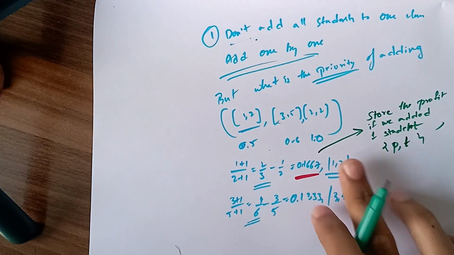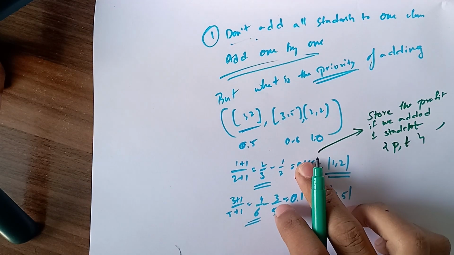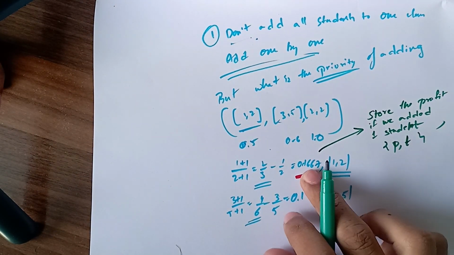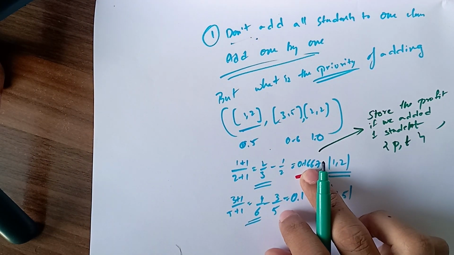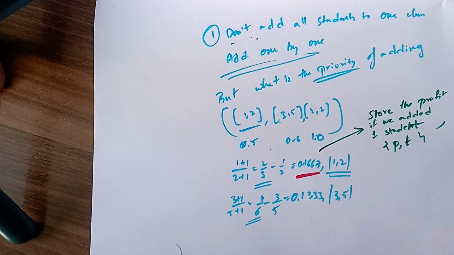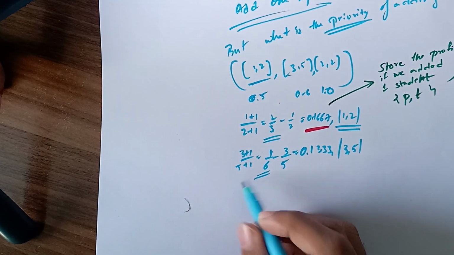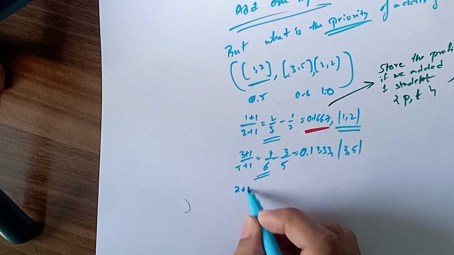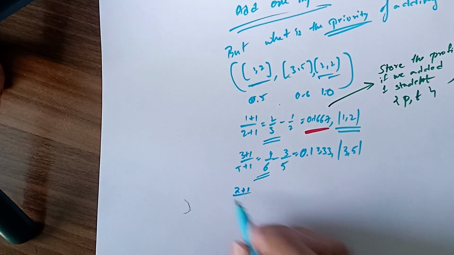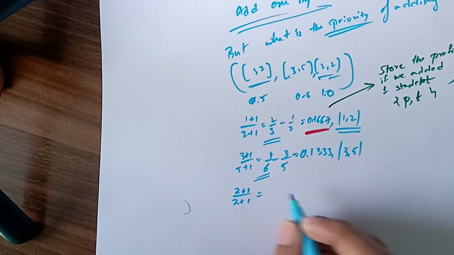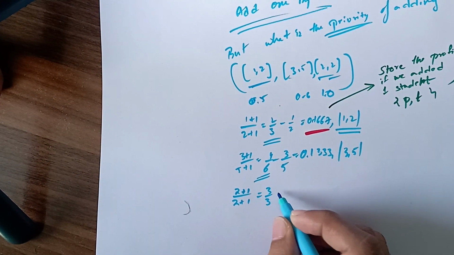Like, if you add one student, the new profits are 0.1667 and 0.1333. And for 2 comma 2, taking this element, 2 plus 1 and 2 plus 1 is equal to 3 by 3.